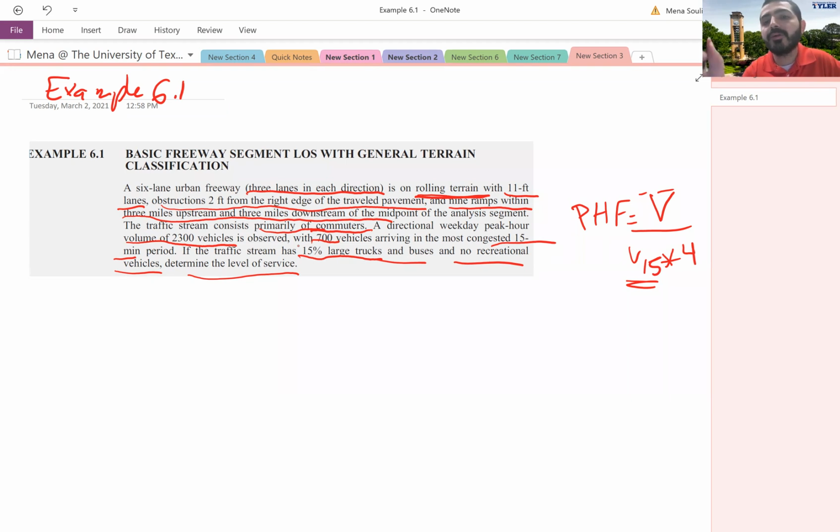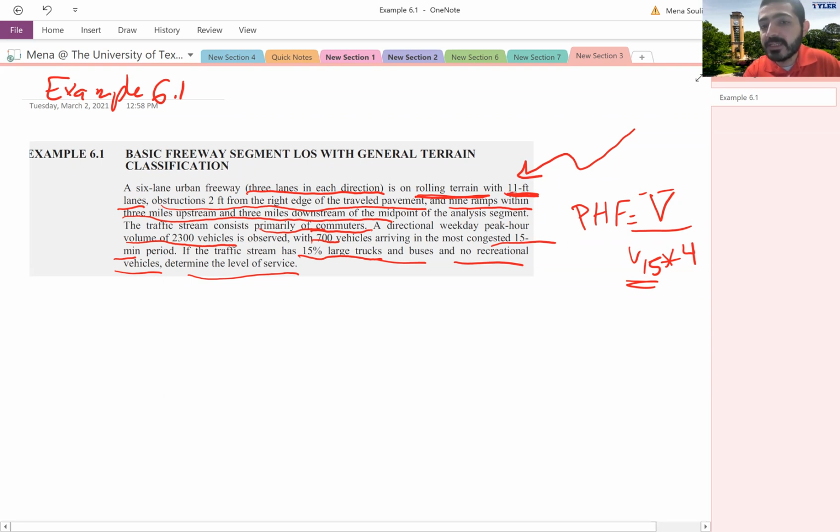But if you recall, just by looking at the very first line here, we have 11 feet lanes. And the minimum lane width for a freeway is what? You guys remember?